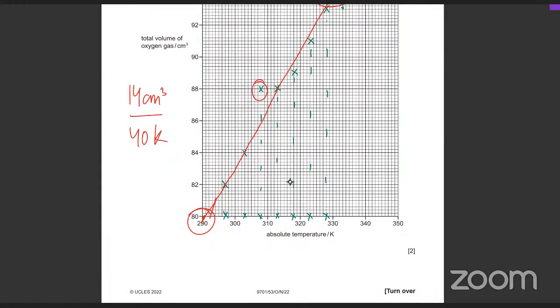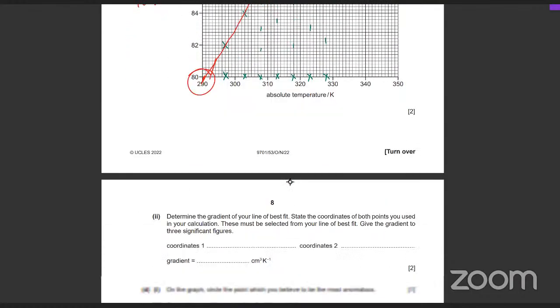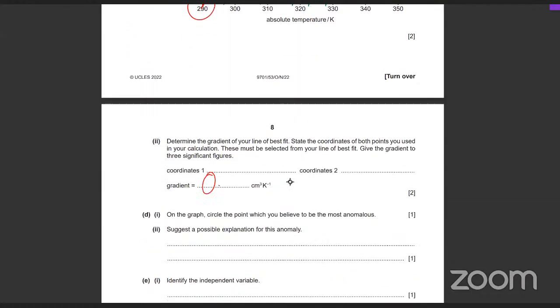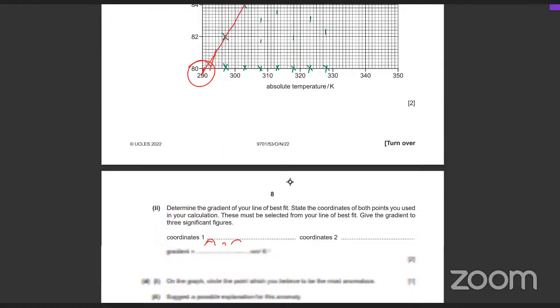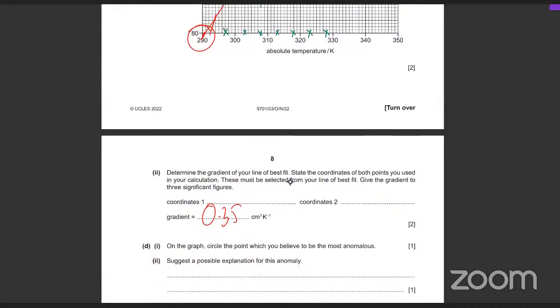So 14 divided by 40, what do we get? 0.35. Okay, so we're getting 0.35. What was the number of significant figures? That's all, sir. So 0.35.